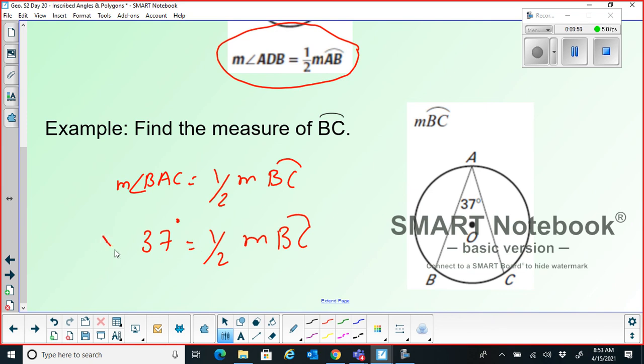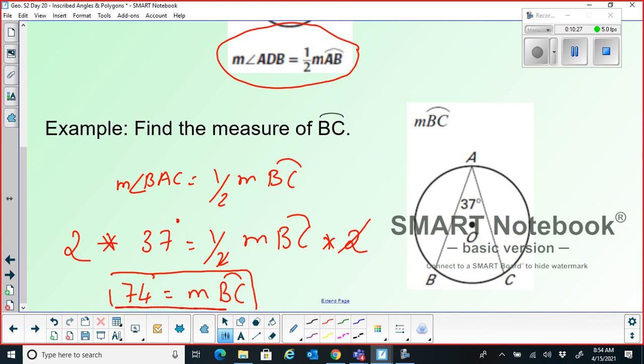Multiply by 2 on both sides. The 2 will get crossed out, so I'll have the measure of arc BC as 2 times 37, which is 74 degrees. I hope this is clear. Remember, the intercepted arc is twice the inscribed angle. Keep that in mind. Let's see the next slide.